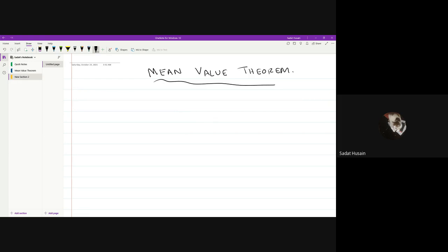And we'll look at section 4.2 of Stewart's calculus, the textbook. We'll look at section 4.2 of Stewart's calculus.